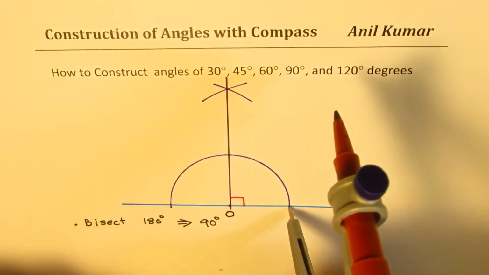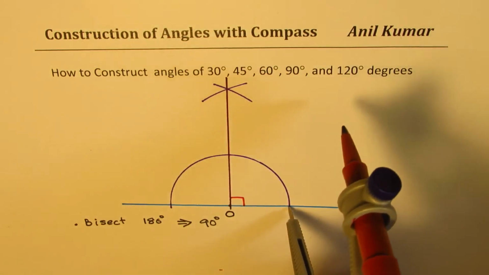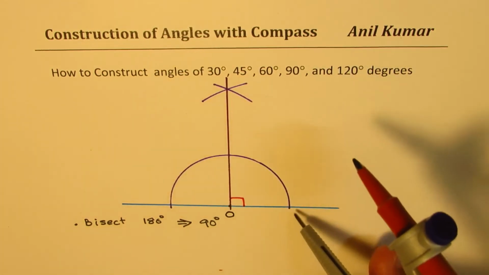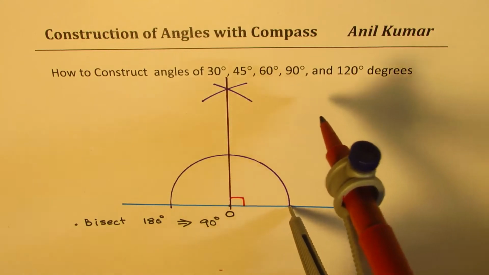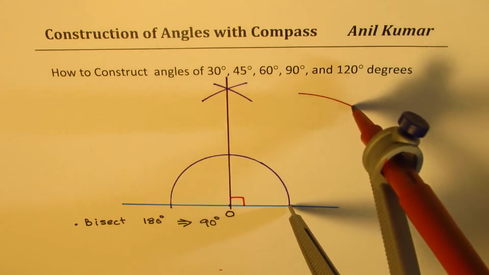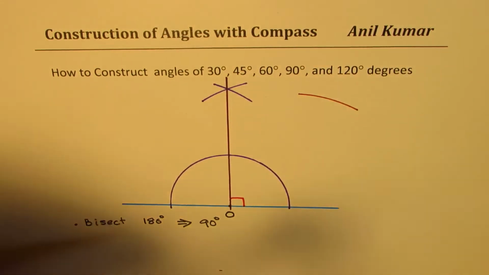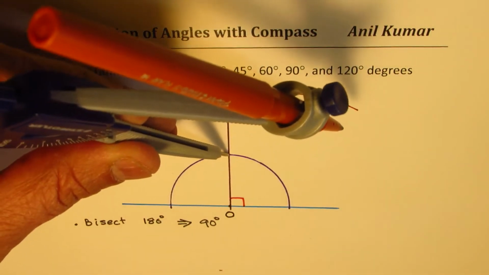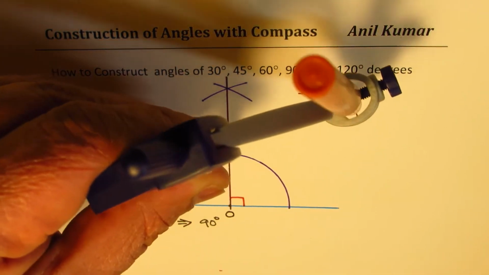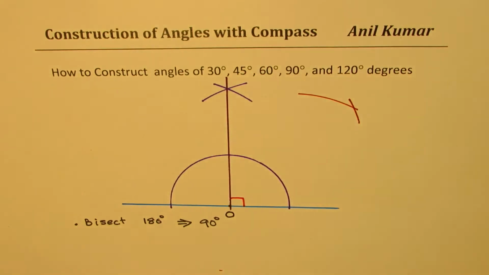We'll place our compass on the intersection of this arc and our horizontal line, correct? And then make an arc almost in the center of quadrant 1, right? Like this. With the same arc, we'll place it on the intersection with the vertical line and then make another arc. So there it bisects. The point where it bisects will now be connected with the point O.